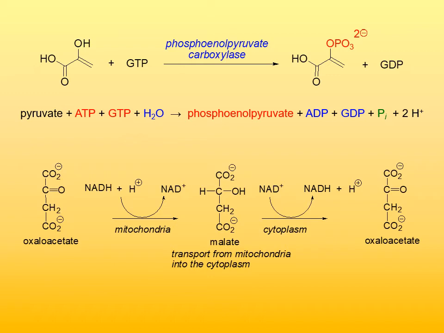And then malate is transported into the cytoplasm, and then in the cytoplasm, malate is reoxidized back to oxaloacetate, and this step provides NADH for use in gluconeogenesis. Formation of oxaloacetate and decarboxylation couples an unfavorable reaction, the formation of phosphoenolpyruvate, with a favorable reaction, decarboxylation.